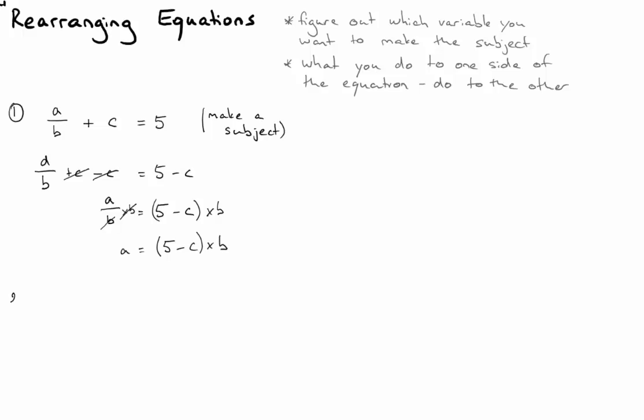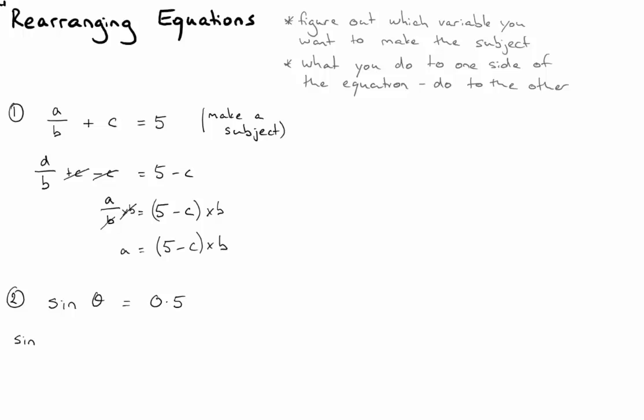The next example is using a trigonometric function, sine. The sine of an angle is 0.5, and we want to find that angle. So what we need to do is get that angle on its own, and it's being operated on by a sine. So we need to do the inverse of that.